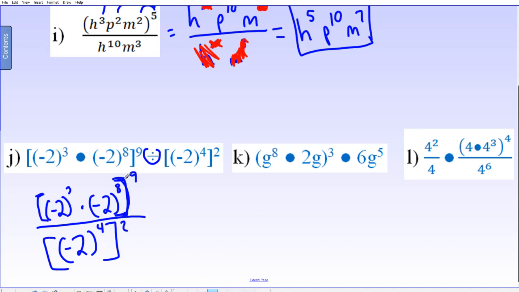So basically what we're going to do is get rid of these brackets by distributing our exponents. I'm going to distribute up top, and I'm going to distribute down below.